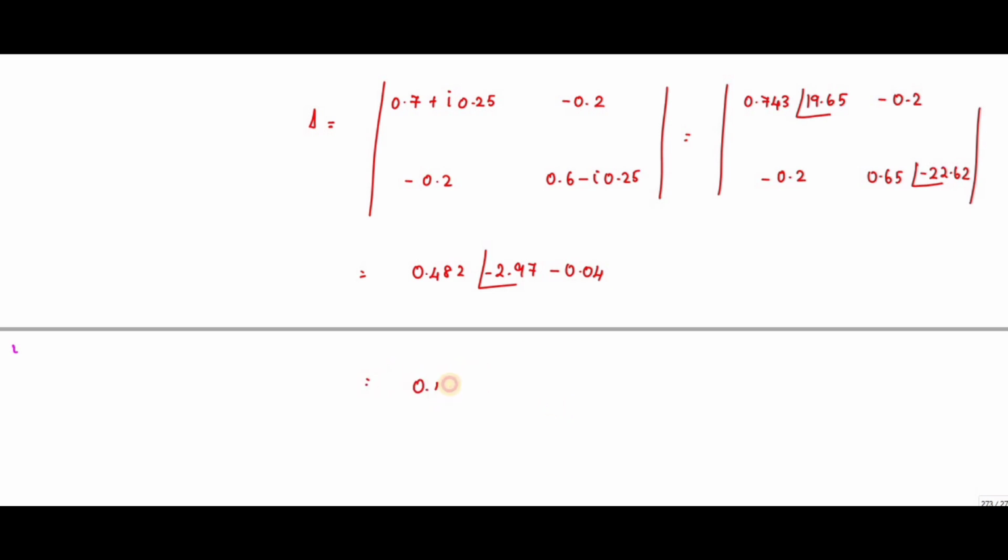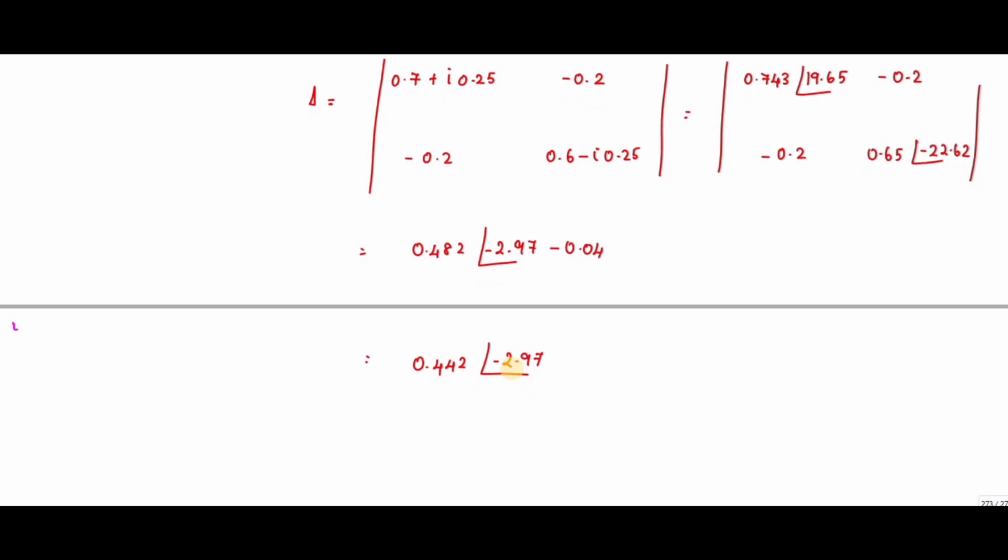So if you solve, you will get 0.442 angle minus 2.97. So this is your delta value. We can solve this one, polar to rectangular form.